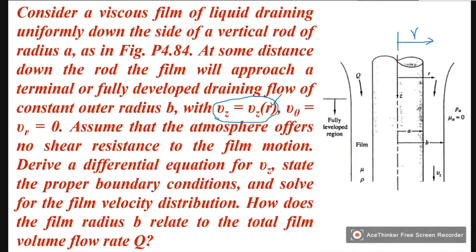So we should know the value of Vz at some distance r. What is it that we know? The figure is so clear, and I had drawn the velocity distribution also, and still you are unable to say where the velocity is 0.